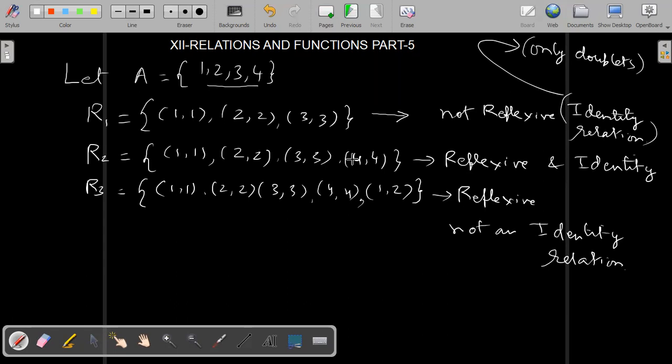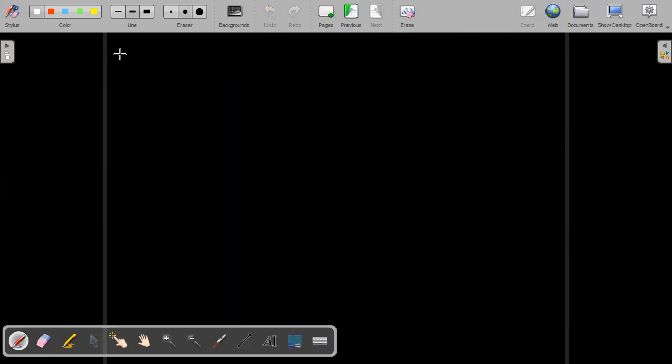So we can understand more by taking some examples. Suppose the same set A, 1, 2, 3, and 4.